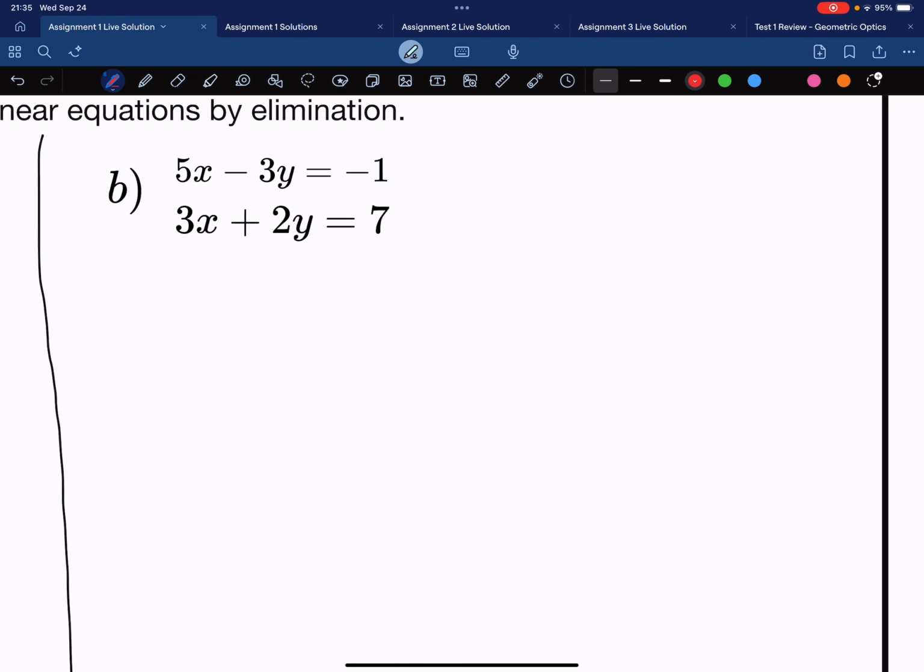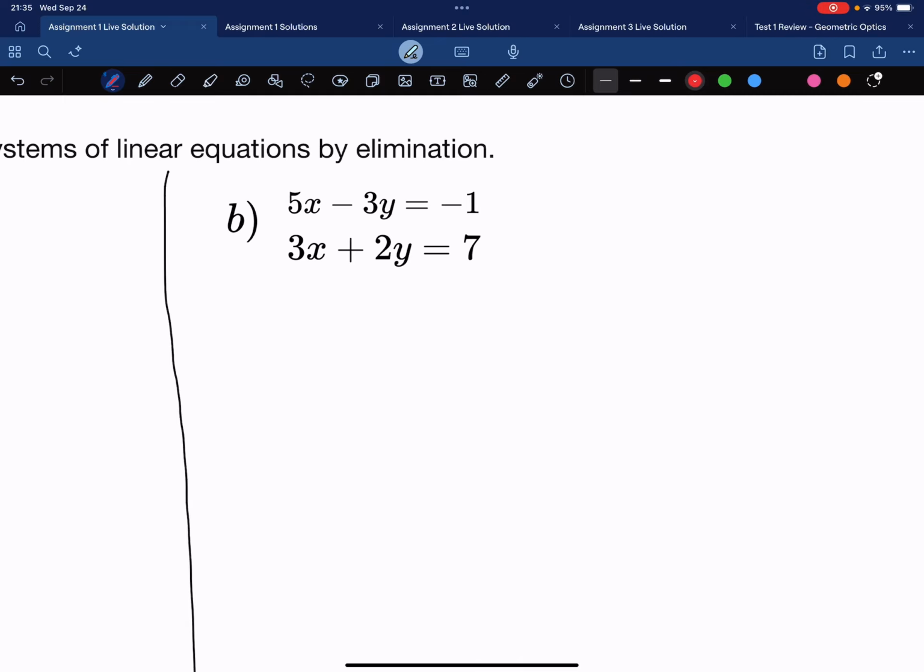For B, this time I will cancel out my y instead of x. So again, I'm going to label this equation 1, equation 2. And to get these two y's to have the same coefficient, I will multiply equation 1 by 2.